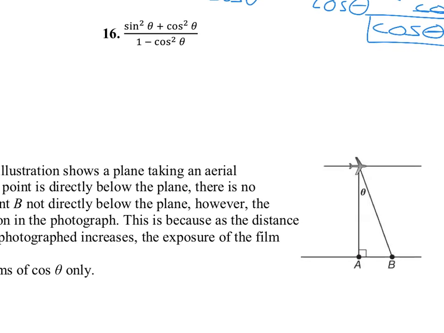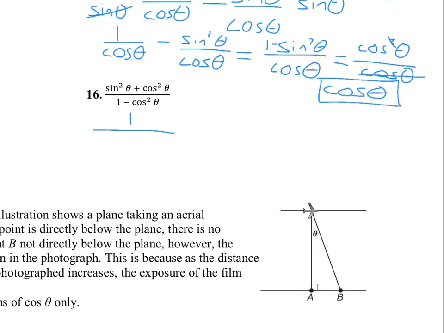Okay, for 16, we have the numerator is our first Pythagorean identity, so we know that's 1. And then on the bottom, we have our first Pythagorean identity again. So I'll just go back up here.